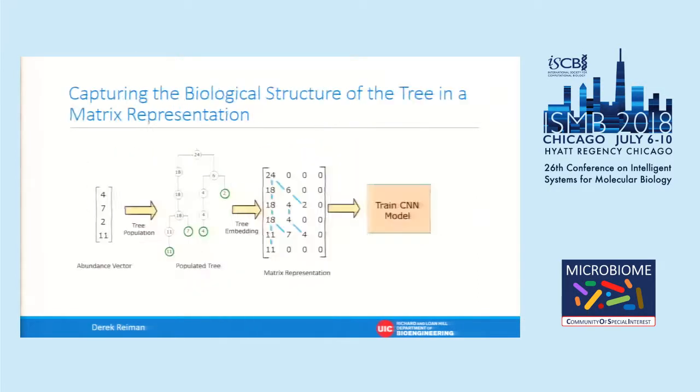However, in order to create some sort of input that would make sense with this model, we wanted to treat the abundance values in a tree as a canvas or an image. Because the way the CNN generally learns is by finding edges and creating complex shapes from edges using the kernels.